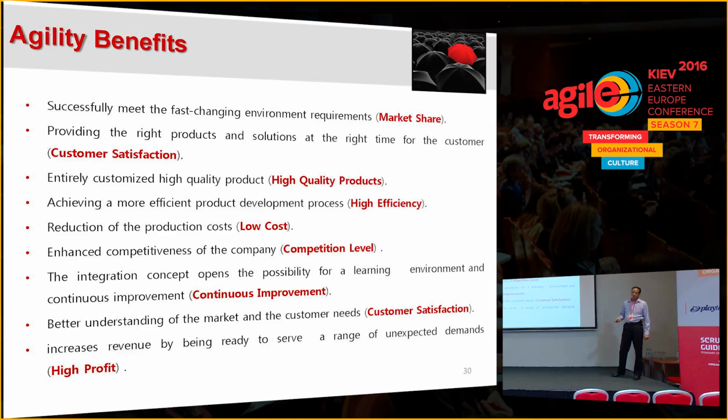If the cost is low, that means you will increase your profit. Competition level. You can increase your competitiveness if you are agile according to the principles of agility. Continuous improvement, customer satisfaction, high profit. All these points can make the companies better than the others in the market.